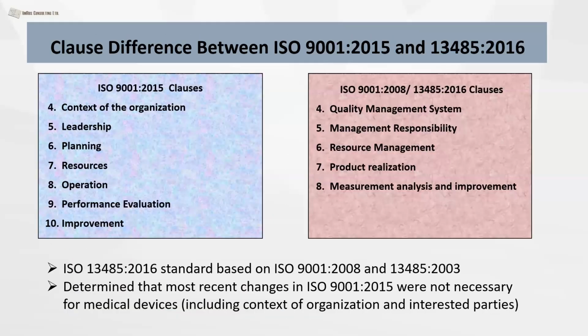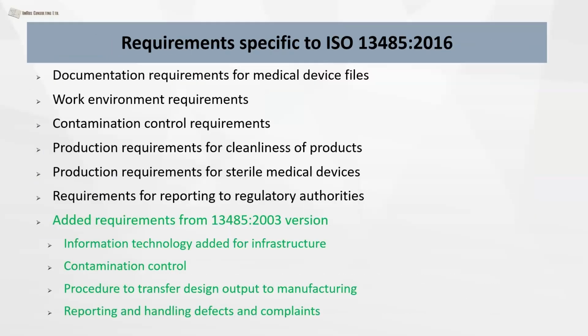So now let's look at the specific requirements of the ISO 13485. So the first thing, obviously very important, is there are documentation requirements for your medical device files. So whatever product you are developing, you should have all of the requirements for that particular product.